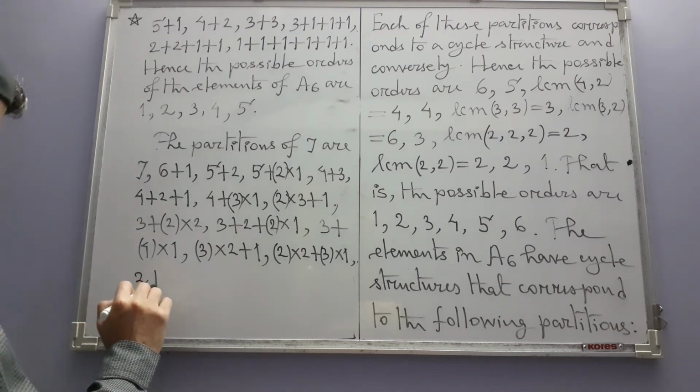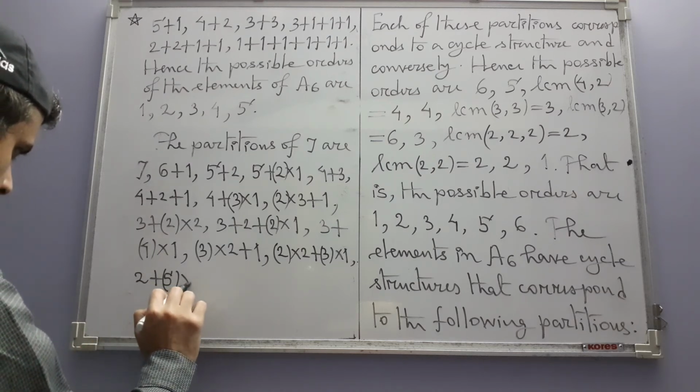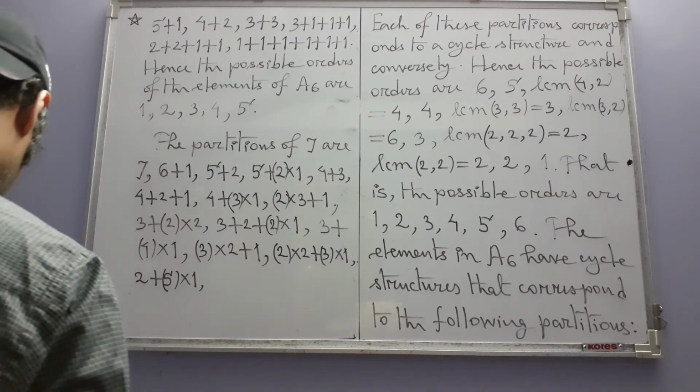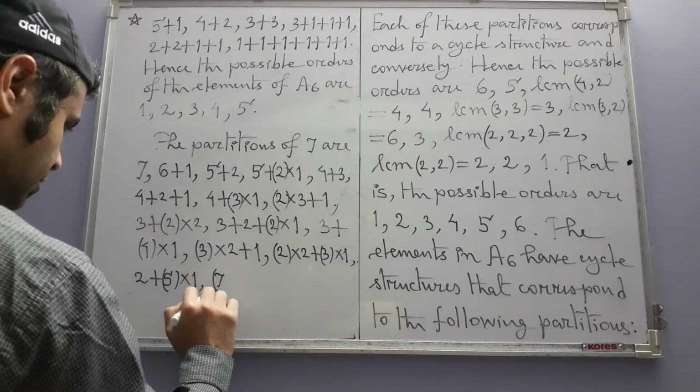Then a single 2 and 5 ones, and finally 7 ones.